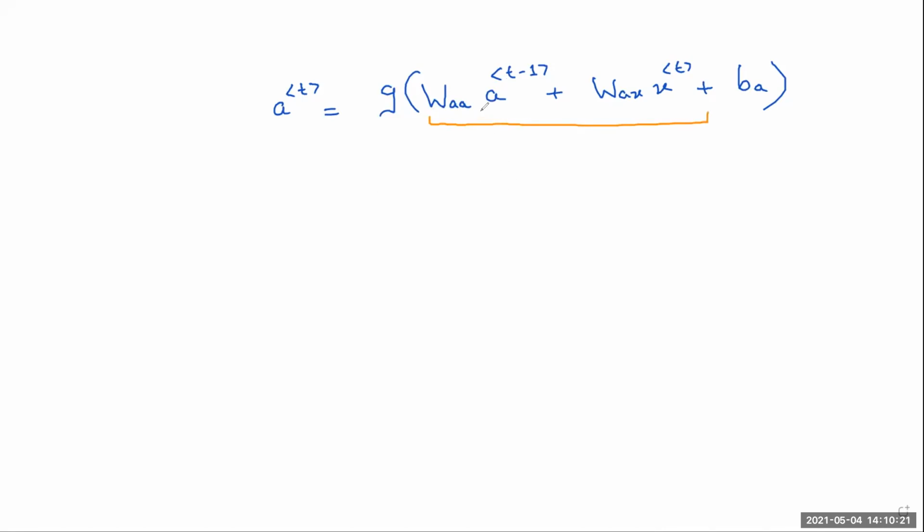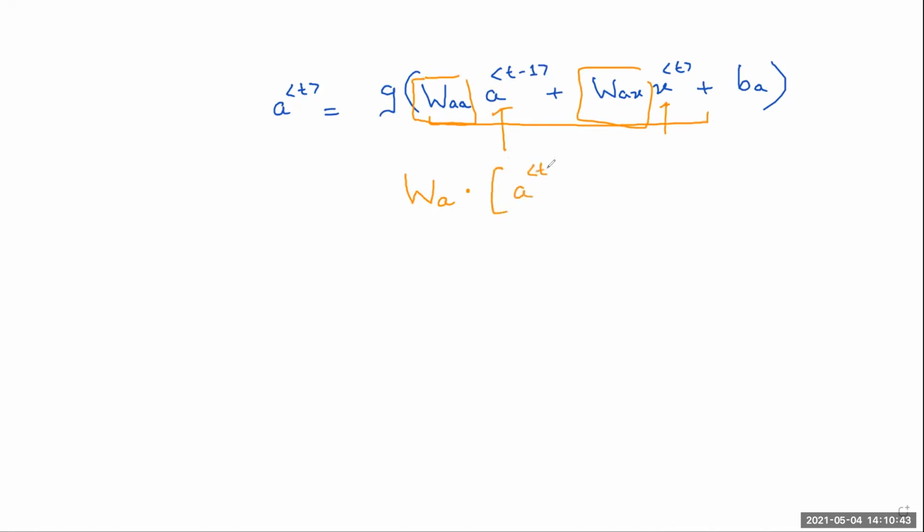What is that compact notation? Both of these weight matrices, WAA and WAX, can be combined or concatenated into a single matrix, which we call WA. How they are combined, I will tell you in a while. Similarly, A and X can be concatenated together, something like this.